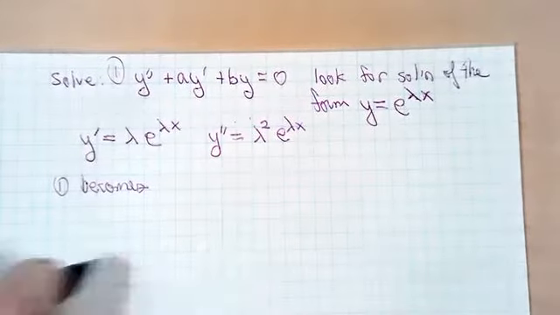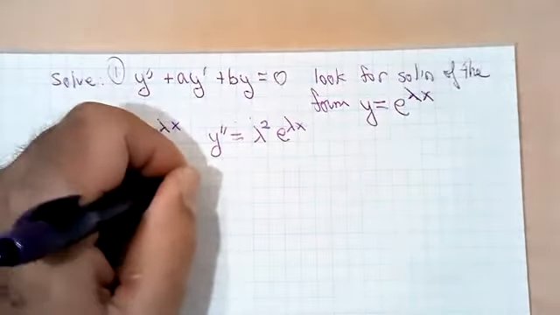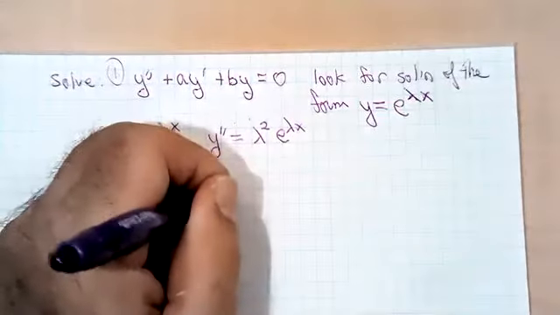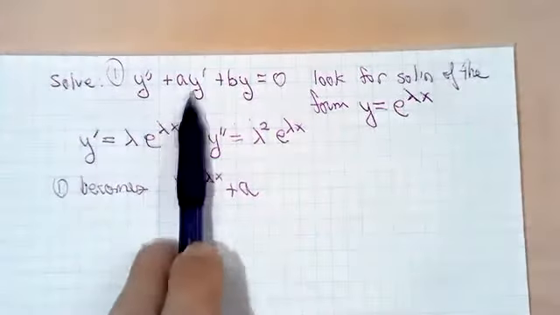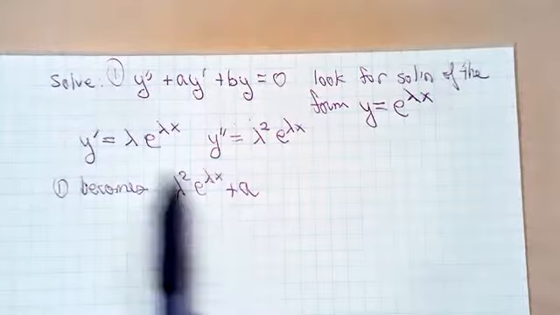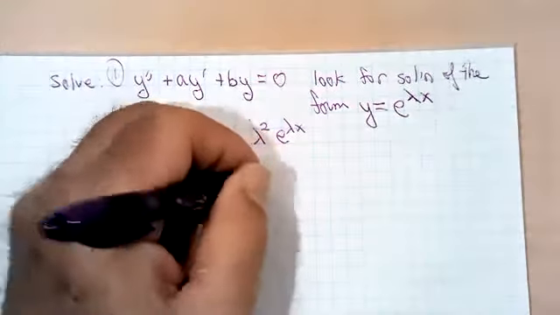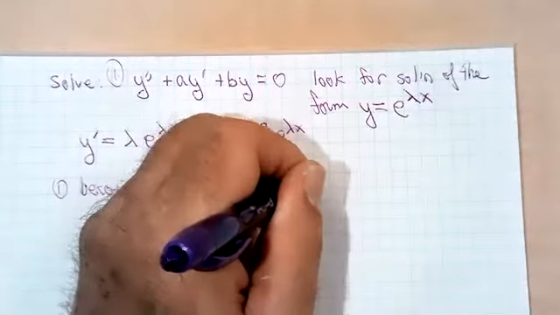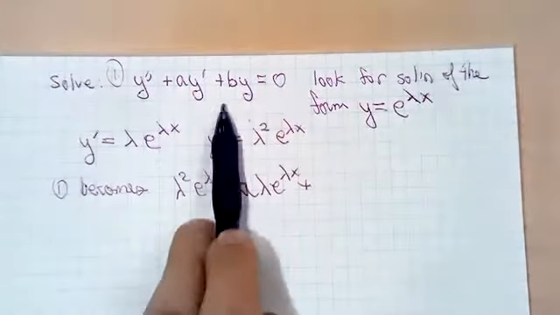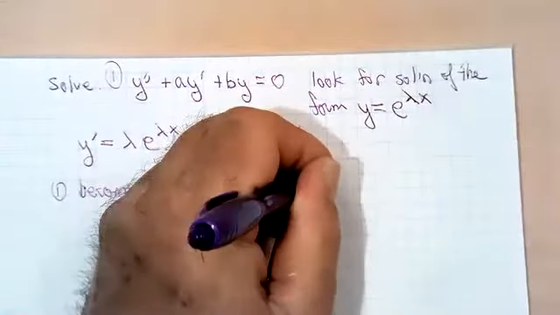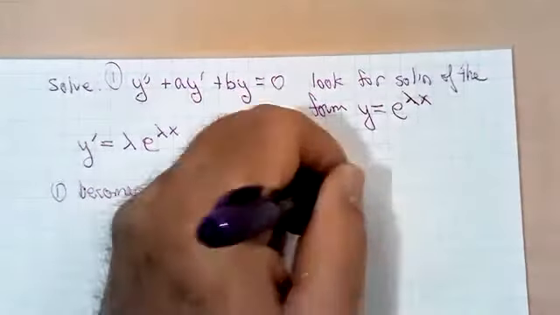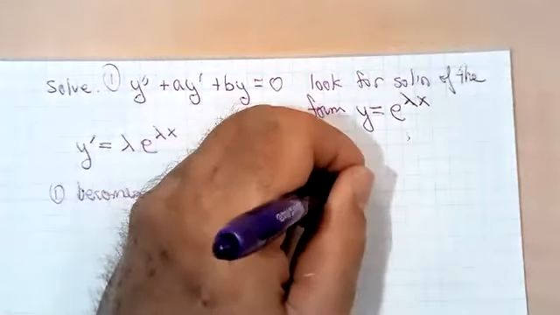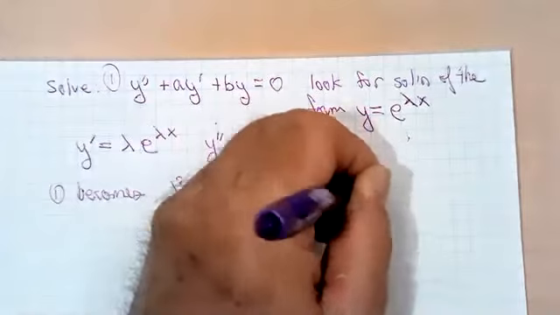Y double prime is this, lambda squared e to the lambda x, plus a, that comes from the equation, times y prime, that's lambda e to the lambda x, plus by, well, y, we're assuming, has the form e to the lambda x, equals 0.